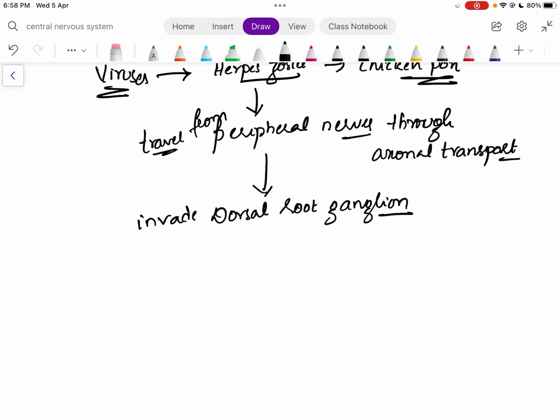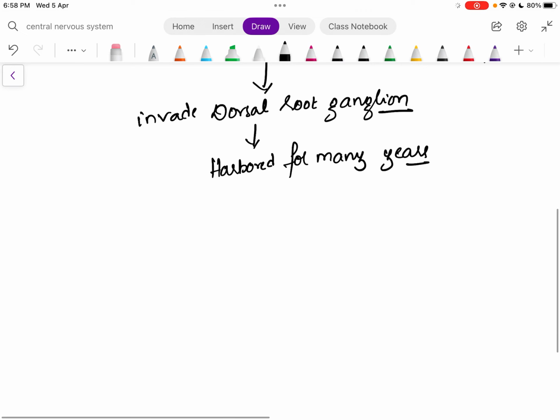After invading the dorsal root ganglion, they will remain silent for many years, that is they are harbored for many years in the dorsal root ganglion. Then what will happen when there is decreased immunity?